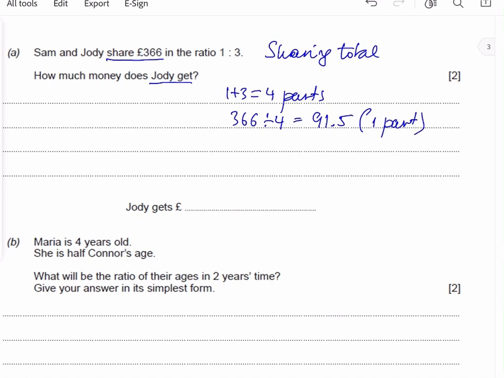So 91 pounds 50. And Jodie's part is 3 of that, so we're going to multiply that by 3. 91.5 times by 3 will give us the answer for Jodie's part.